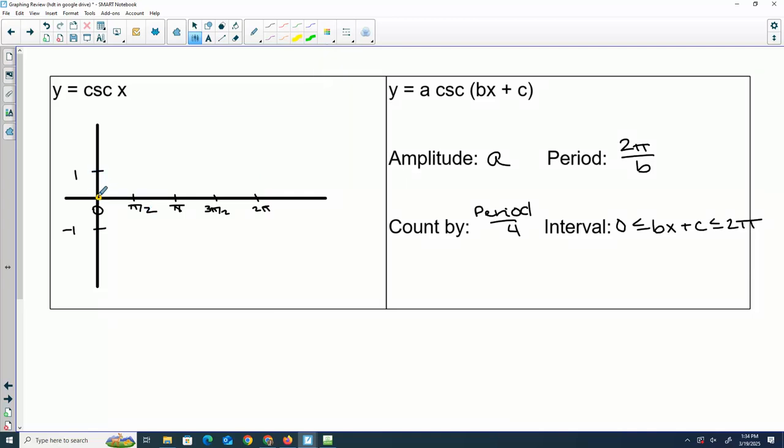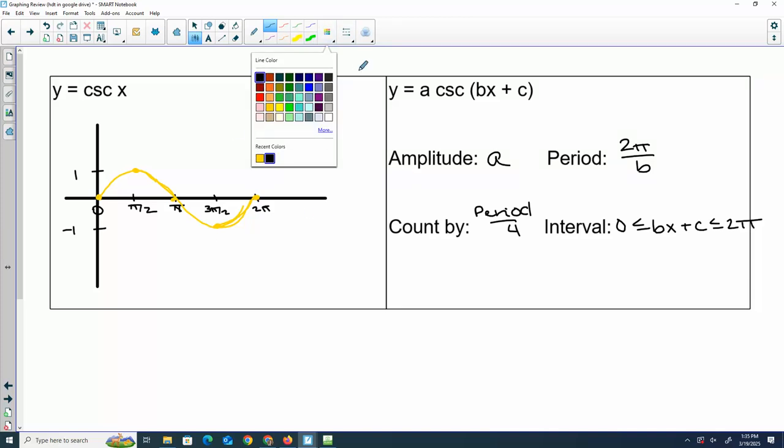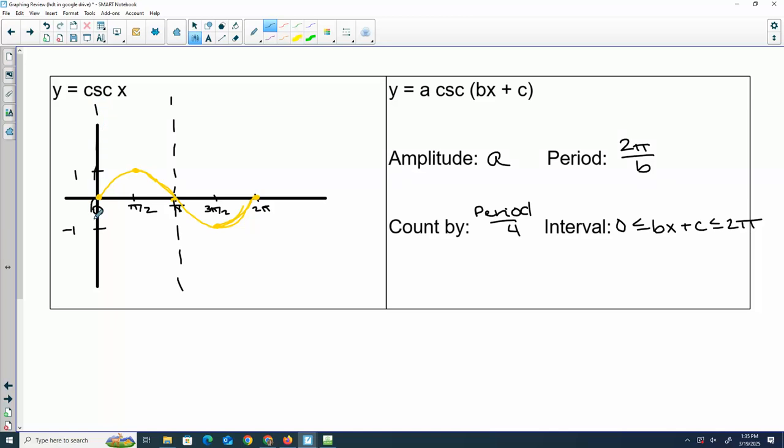So sine starts at 0, pi over 2 is at 1, pi is 0, 3 pi over 2 is negative 1, 2 pi is 0. Make sure I can tell that apart from your other ones. Some people are doing it dashed, some people are drawing it in really light. If you're drawing both of them and they both look like normal pencil marks, you might highlight your final one so I can tell. This is my graph of sine. When I look at this, anywhere it's 0, we get a vertical asymptote. So that's at 0, pi, and 2 pi. The high and low points stay.